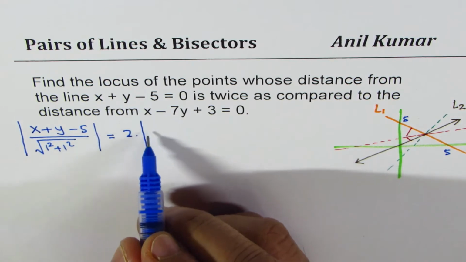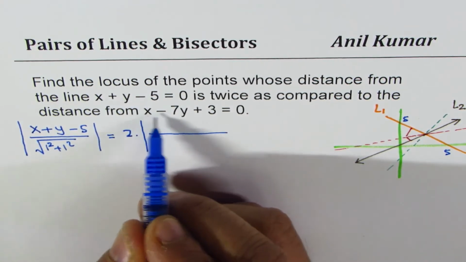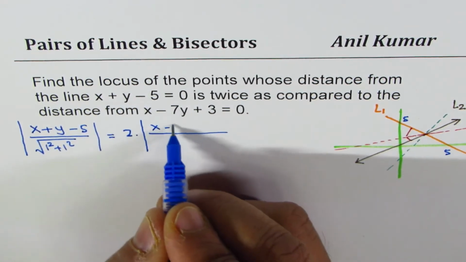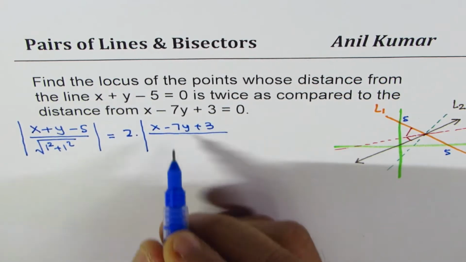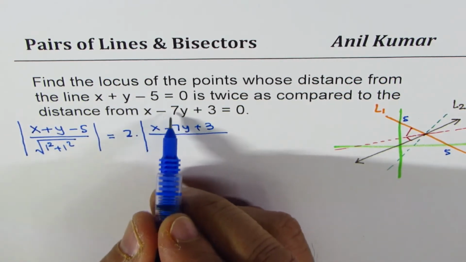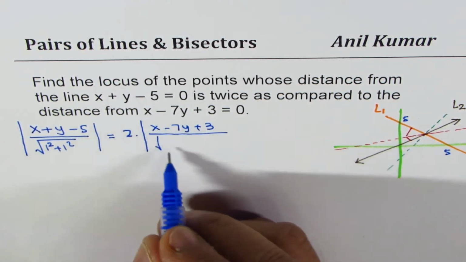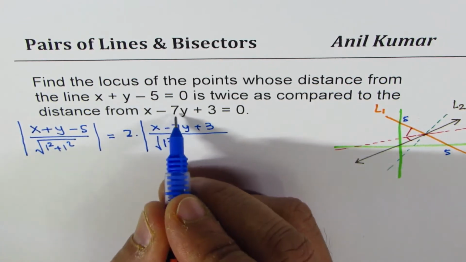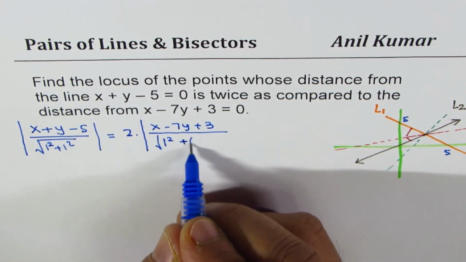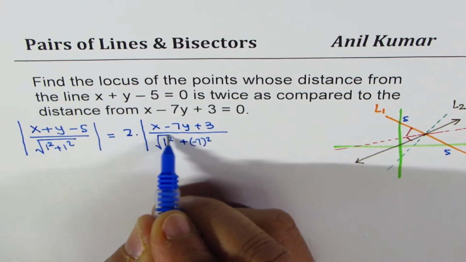So what do you have? The whole expression, x minus 7y plus 3, divided by the square root of a square plus b square. The coefficient of x is 1 and for y is minus 7, so we can say square root of minus 7 square.